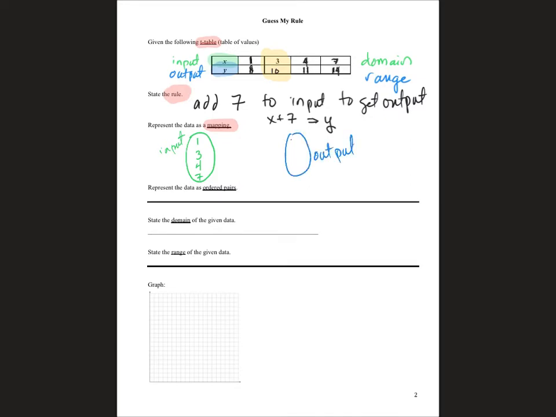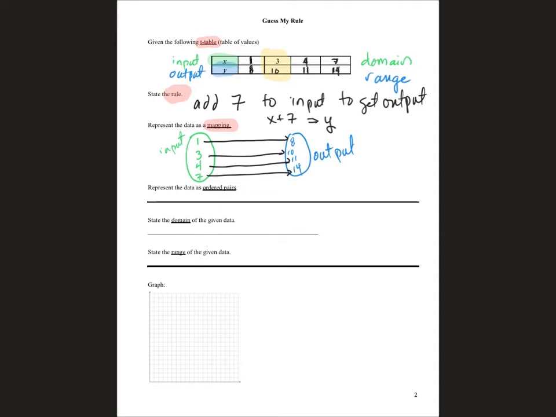And here I have 8 and 10 and 11 and 14. And I'm honestly going to just draw arrows from the input to the corresponding output. So this would be a mapping. This shows my input and my output.